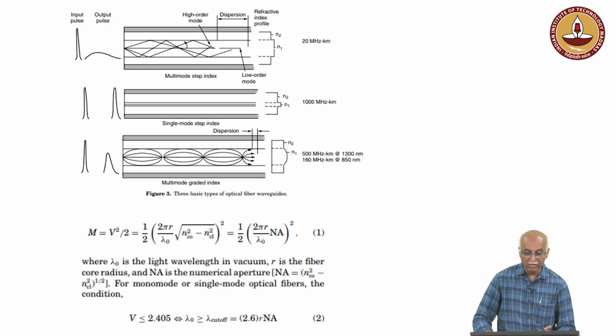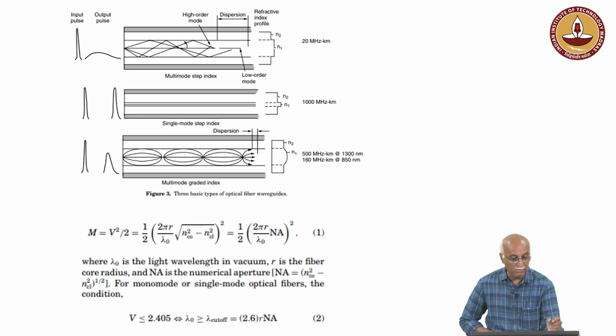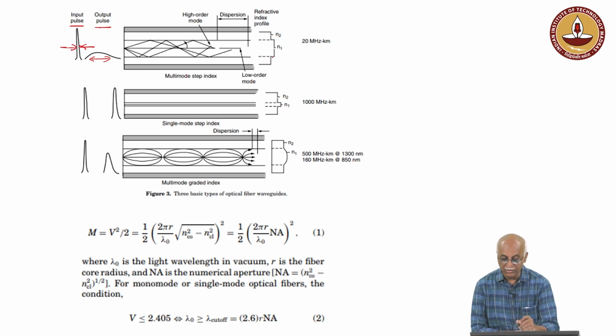Now, same thing, whatever I described. The input pulse is this, and the output pulse will get broadened in case of a multimode fiber, and that is obvious because the refractive index with which the light is propagating is the same.